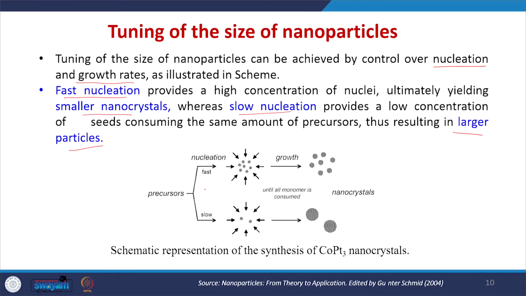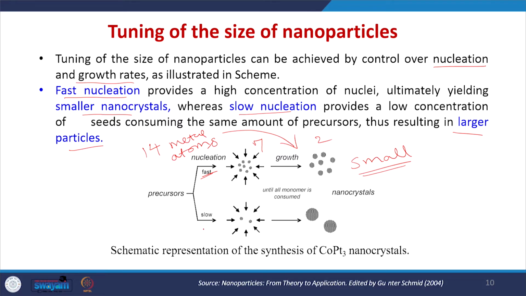From this picture, you can understand, in case of fast nucleation, assume that there are 7 nuclei, and you have 14 metal atoms. What happens is the 7 nuclei each will get only 2 metal atoms, and the size will be small. The growth will be less and the size of the nanoparticle will be small.